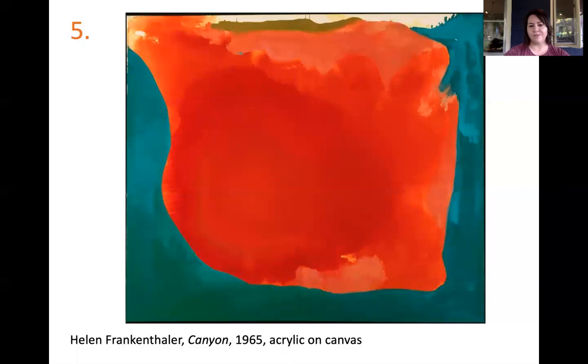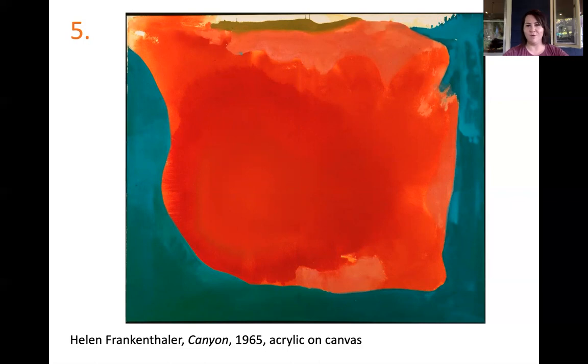Canyon. Now there's arguably two answers here. If you're saying that this is a work of abstract art, you would be entirely correct. And you could make an argument for it being non-objective as well, or just plain abstract, both of which would be entirely correct in their answer.